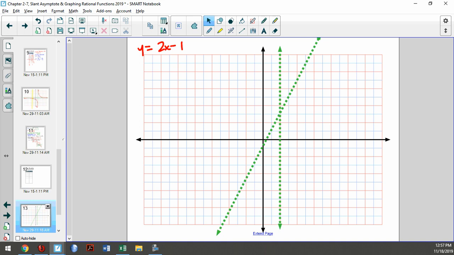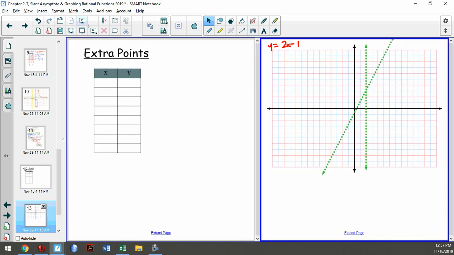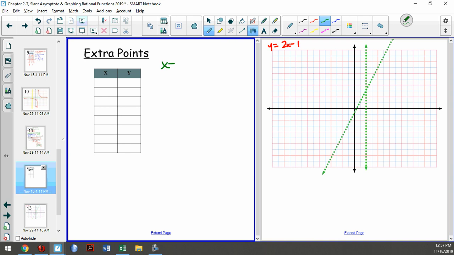Now, I'm going to go back and I have to do my points now. So I have to find my x-intercept and my y-intercept. So how do I find my x-intercept? My x-intercept, I'm going to take my numerator and set it equal to 0. So that was 2x squared.